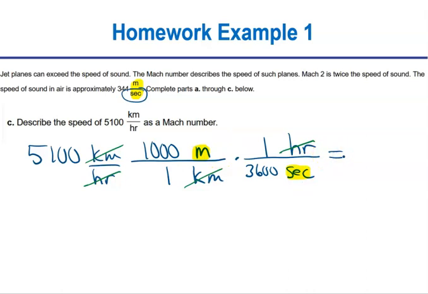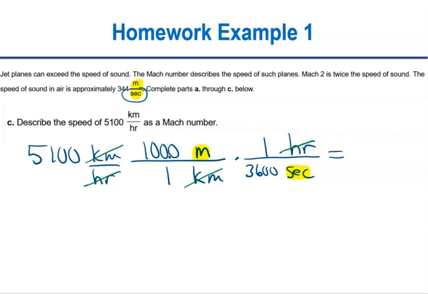So in my calculator, y'all, I'm going to type in 5,100 times 1,000. And then divide by 1 times 3,600, which is just 3,600. So again, 5,100 times 1,000, and then divide by 3,600, and that gives me a result. Now this one is a repeating decimal.